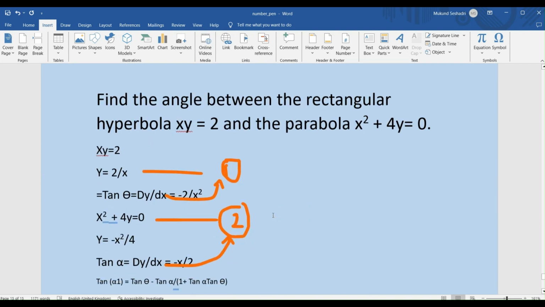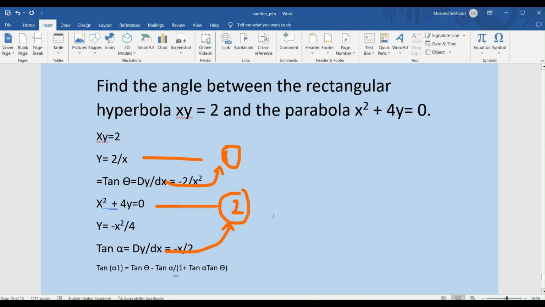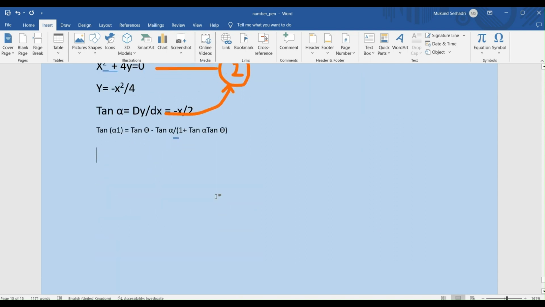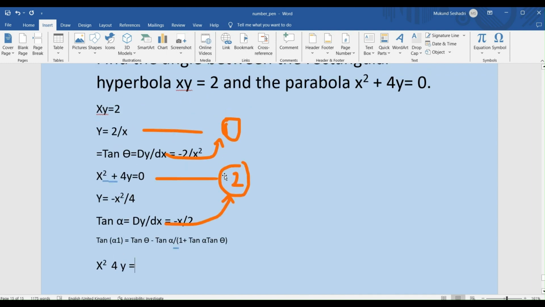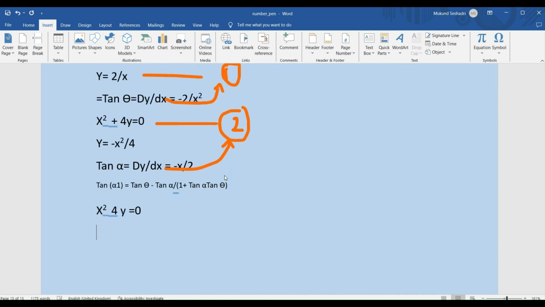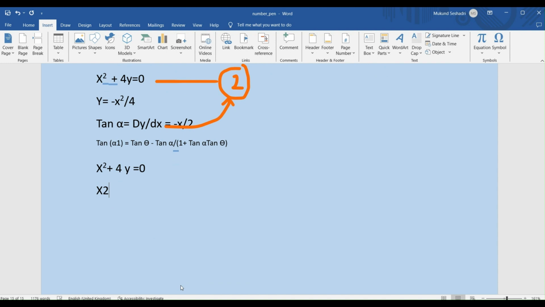So I have one important calculation to do here. I need to find where these two curves intersect, right? And I'm sure all of us are quite familiar with how we do that. x square plus 4y equals 0, which means x square plus 4 times, now we're going to find the points of intersection.